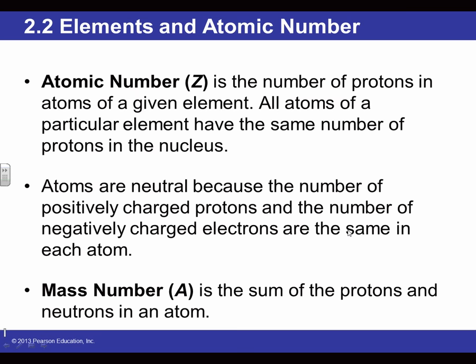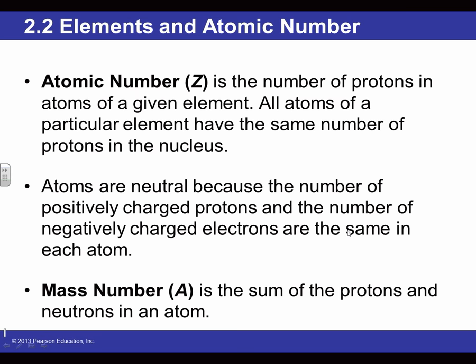You want to know that it represents the number of protons in an atom. All atoms have a distinct number of protons. A lot of times I like to say that it's like the Social Security number for the atom, and it is used to identify the atom.